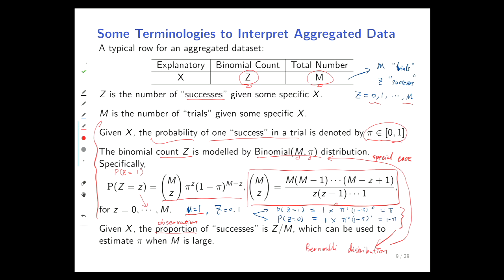Based on the observation, we can compute z divided by m, where z is the number of successes and m is the total number. So it means the proportion of successes. Usually, this proportion can be used to estimate pi when m is very large. Just remember that we can use the proportion to estimate the probability of success.